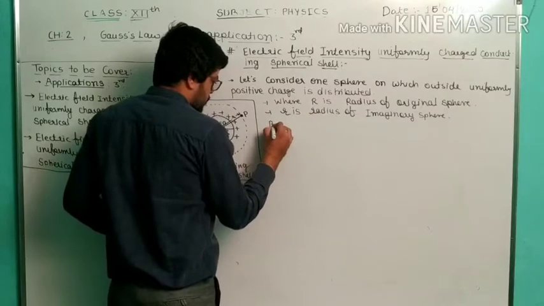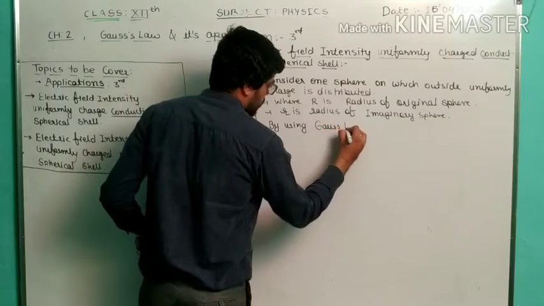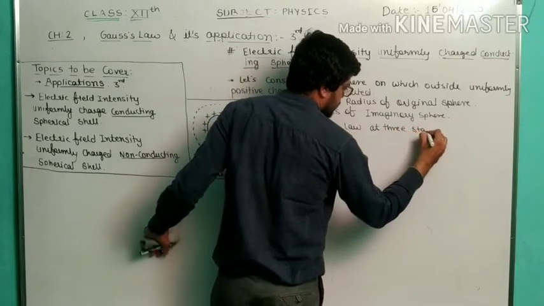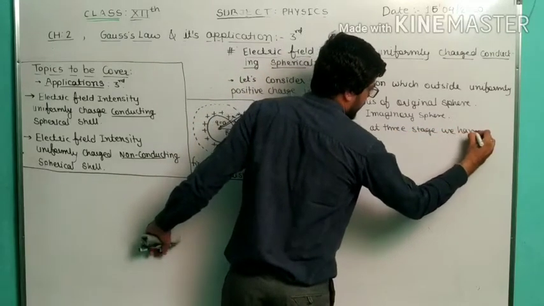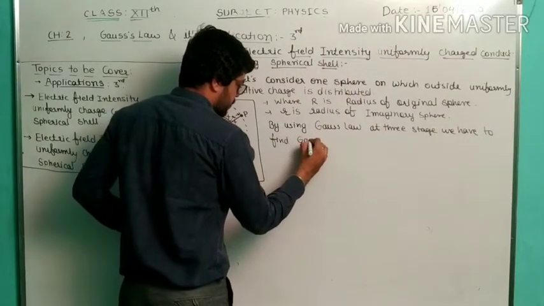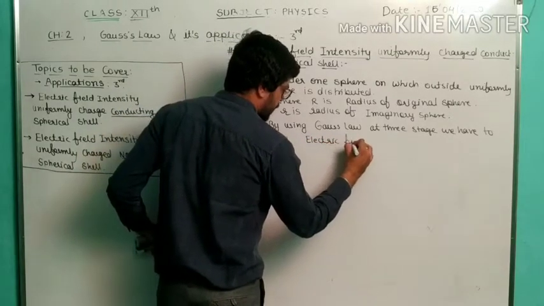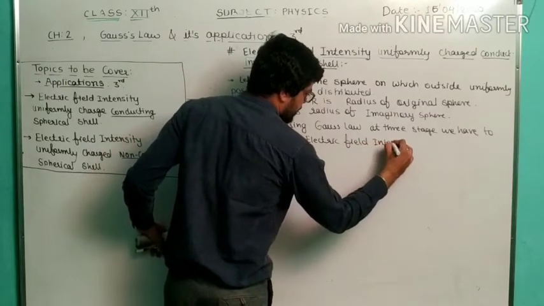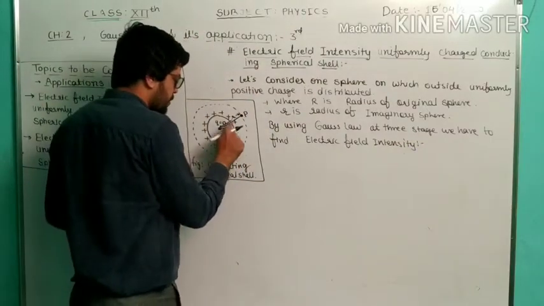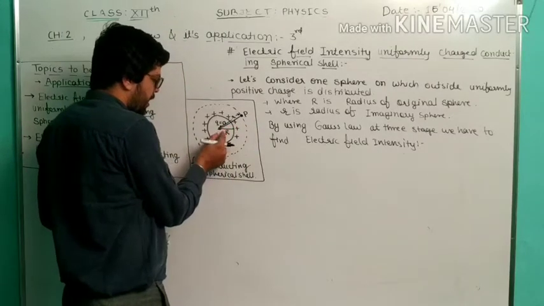By using Gauss's law, we have to find the electric field intensity at 3 stages. What are the 3 stages? Number one is outside the spherical shell, second is on the spherical shell, and third is inside the spherical shell.